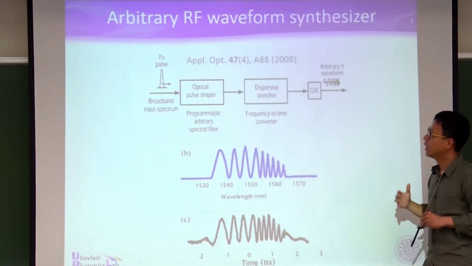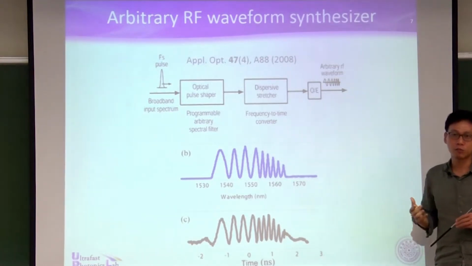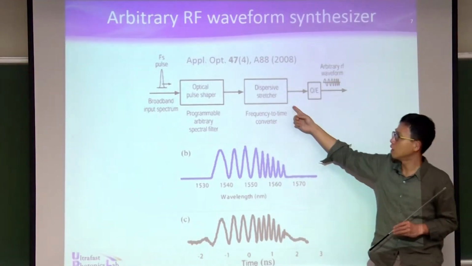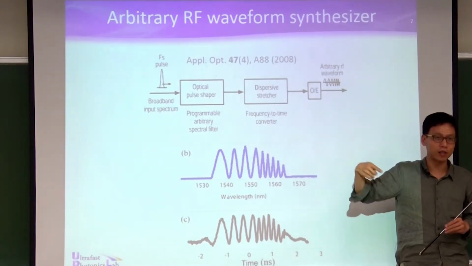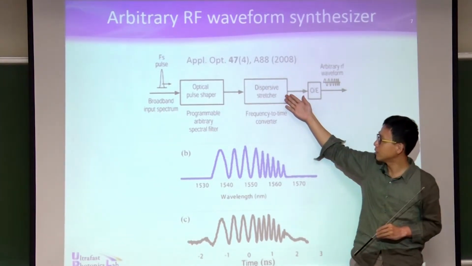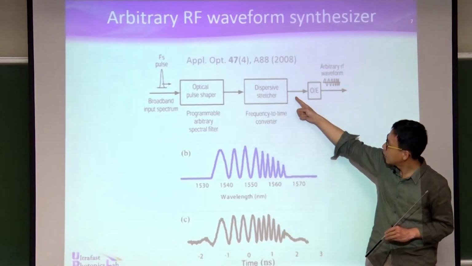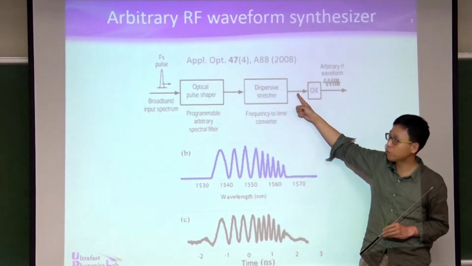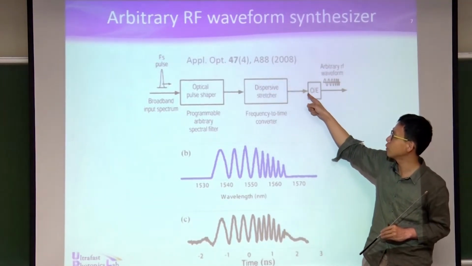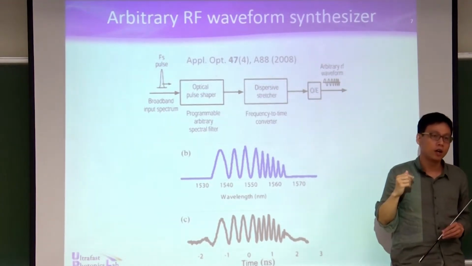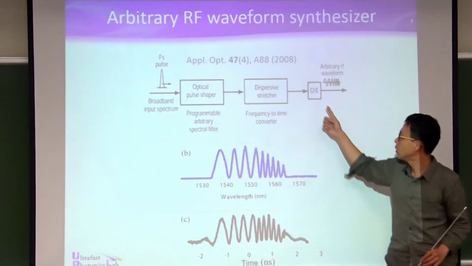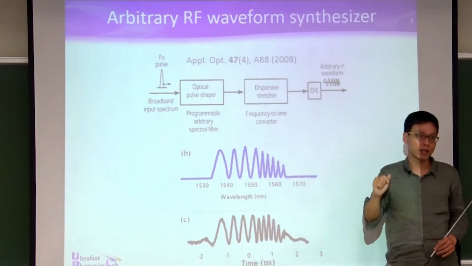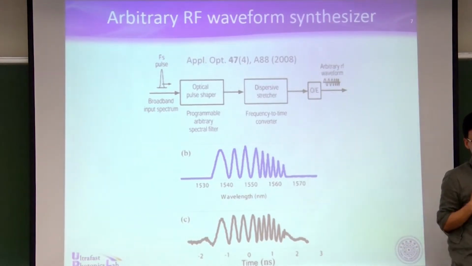Okay? In practice, it could be very simple, just a spool of fiber. A long enough fiber is enough. Then, as the output, you got optical waveform, but this time you strike the waveform onto a OE converter, usually a high-speed photodetector. And the purpose is O to E conversion, optical to electrical conversion.